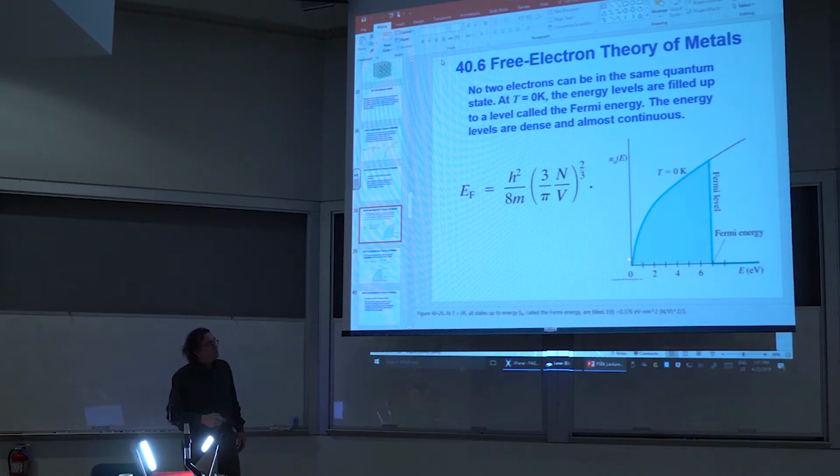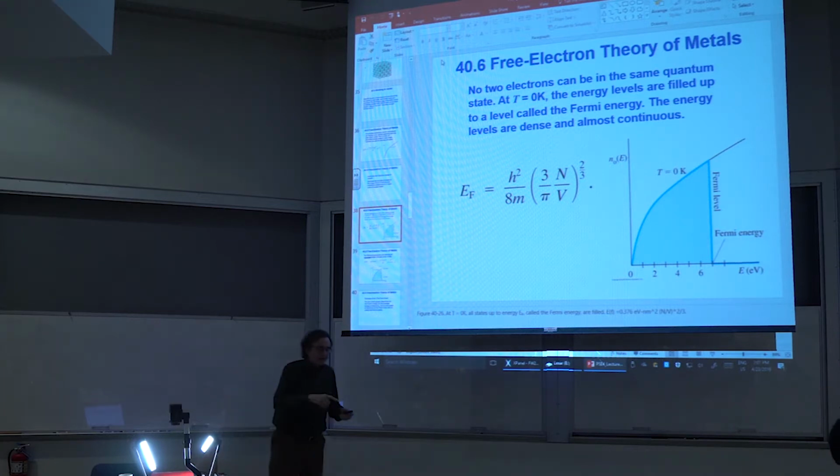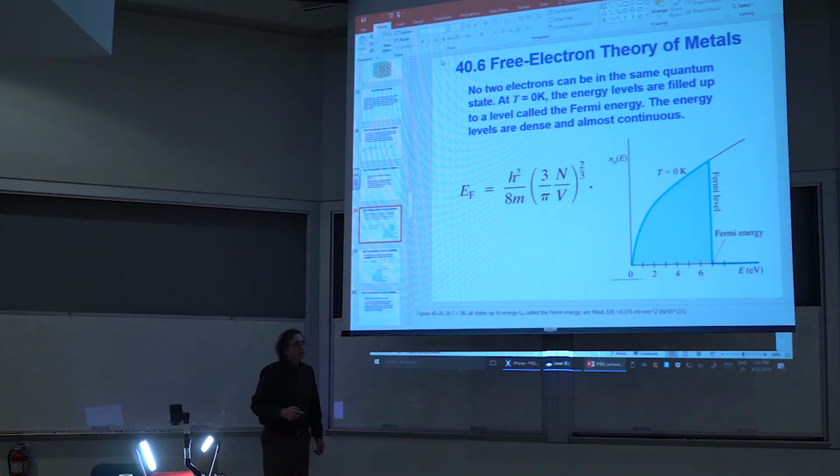Because of the Pauli exclusion principle, as the states get filled up for the particle in a box, you remember the ground state had half a sine wave for the wave function, and then n equals 2 had a full sine wave. For n equals 3, we had 3 halves of a sine wave, and the energies continue to increase in proportion to n squared.